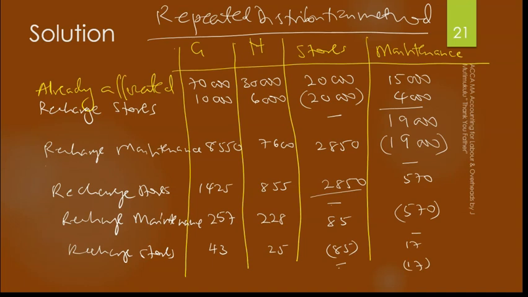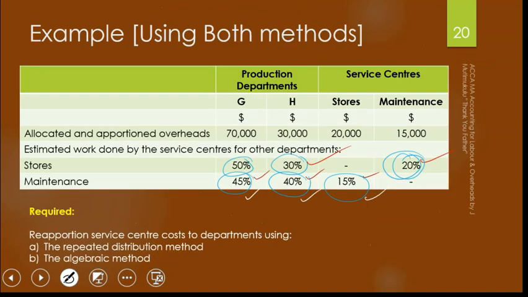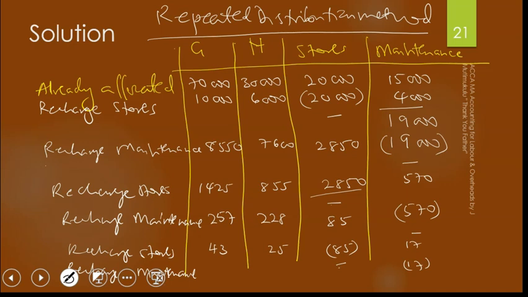Okay, and if we remove the 17, we apportion the 17, so it will be recharge maintenance, following the maintenance apportionment of 45, 40, 15. So 45% of 17, how much is that? We are at 8. And 40% of 17, that's 7.